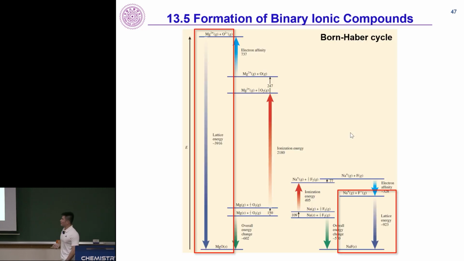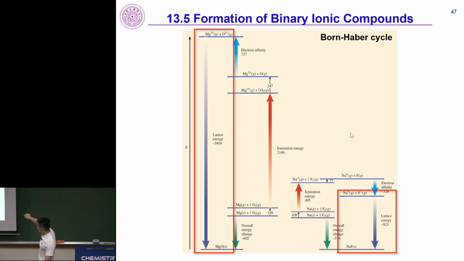Okay. Quick comparison of the lattice energy. You can see that for sodium fluoride, lattice energy is at around -923 kJ per mole, while the lattice energy for magnesium oxide is about -3,916.